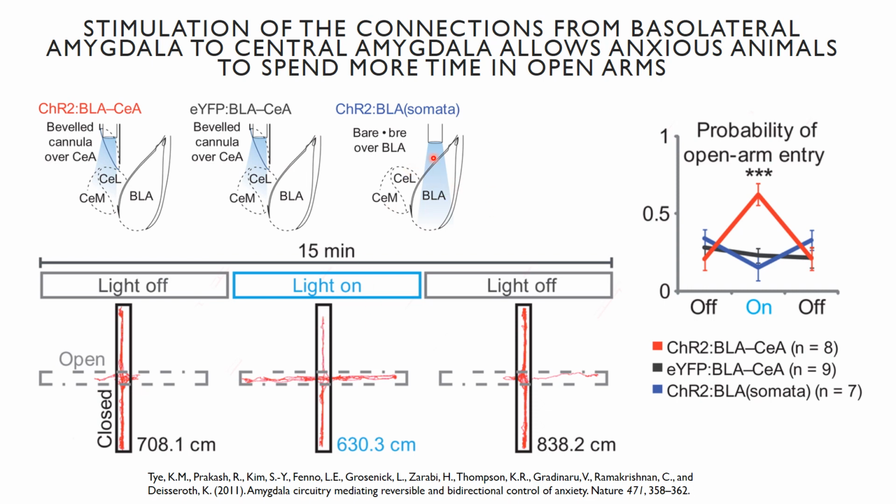If you do it in the basolateral amygdala itself, you don't see any significant change because this includes a whole bunch of different other groups, and so it's not changing the output in any regular way. But if you're changing the output of the basolateral amygdala to the central amygdala, you can induce a decrease in the anxiety of these animals.